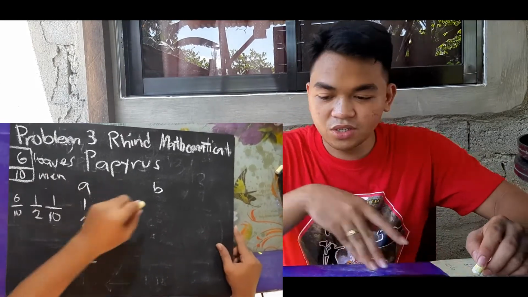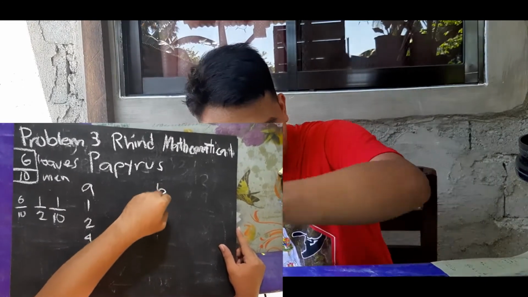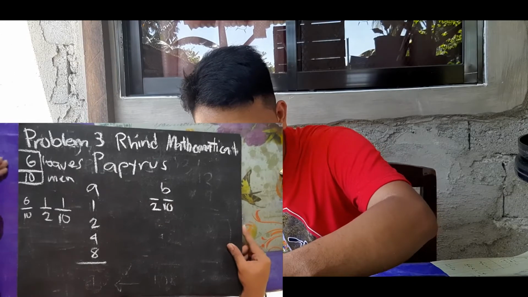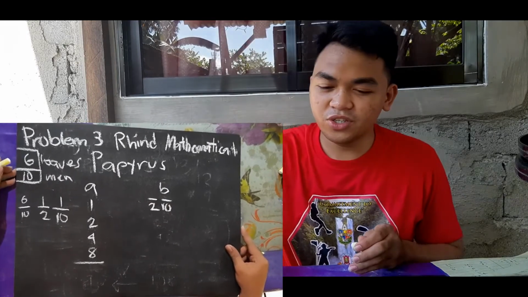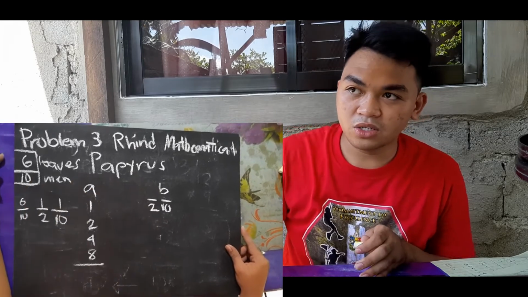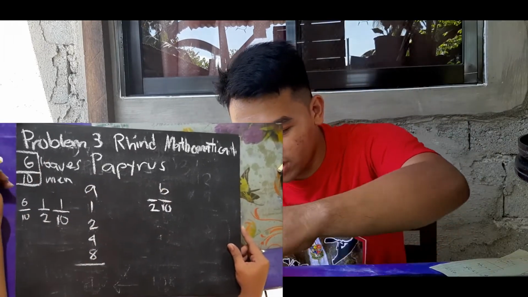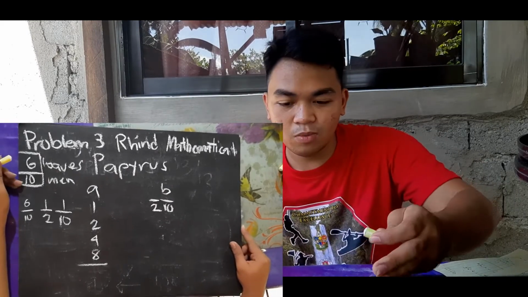So the first in column B is 1/2 and 1/10. As you can see, I didn't write the 1 on top because in the Egyptian way this is the symbol of 1, a visible 1.